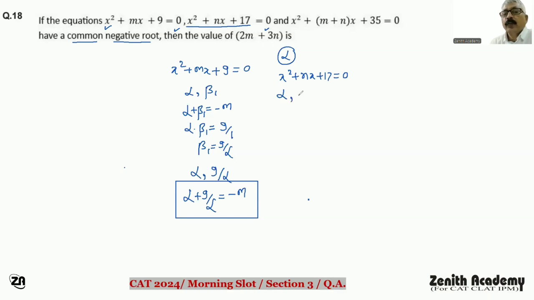The second is going to be 17 upon alpha, as I found here. So here alpha plus 17 upon alpha is equal to minus n. Got me?